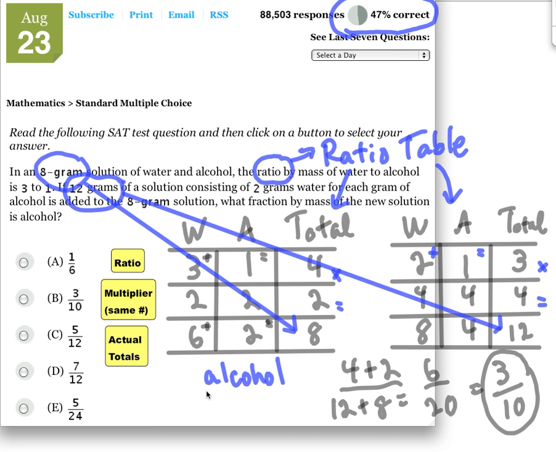Let's draw a straight line there. Alcohol over total. Okay, so if we want the parts that are alcohol, we just look under the A column for alcohol. So the actual total here is 2, the actual total here is 4, so 4 plus 2 gives us the alcohol. The totals are 12 and 8, so 4 plus 2 over 12 plus 8 comes out to 6 over 20, or we can simplify that down to 3 over 10. So the answer is B.